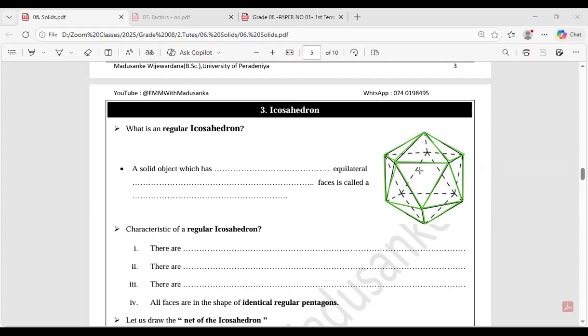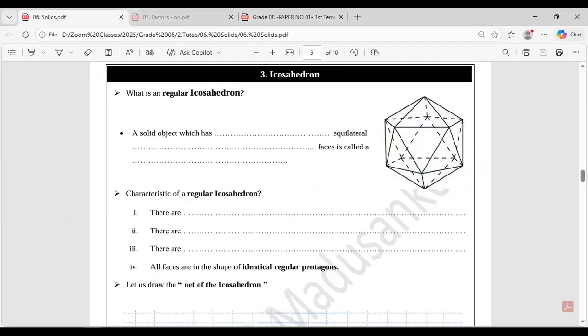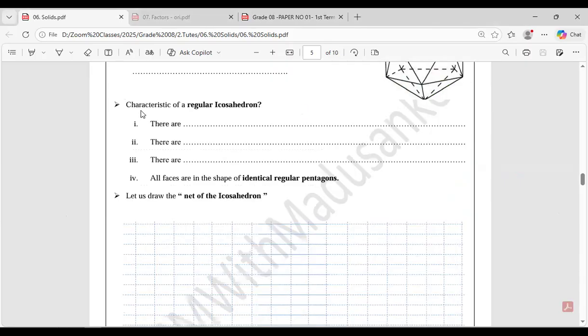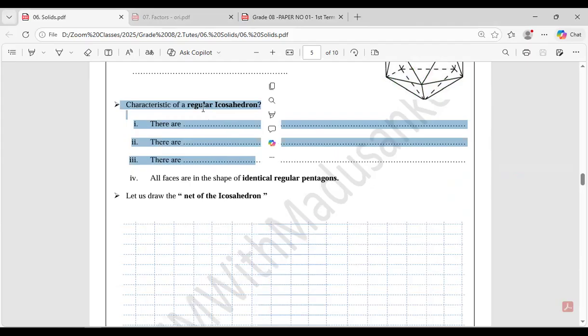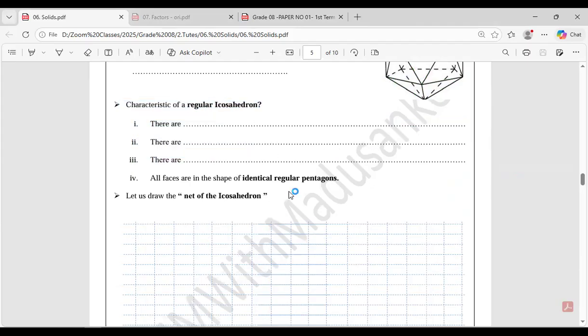All the dashed lines represent the back view, the part that you cannot see. This is the figure. Then we have discussed the regular icosahedron, and I told you to cut down those 3 words.